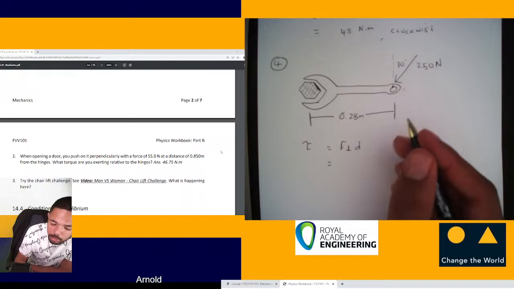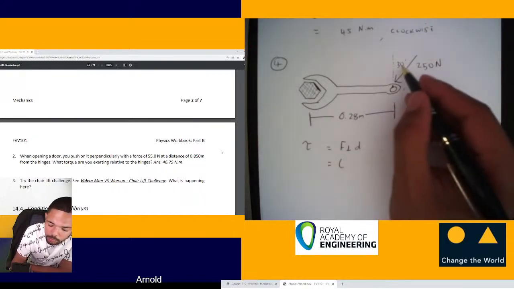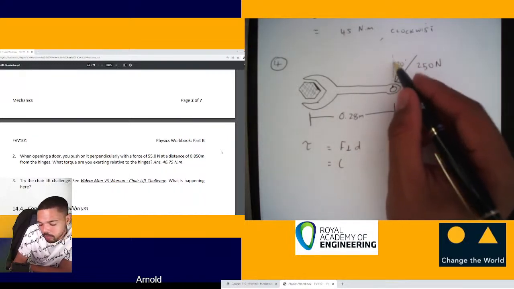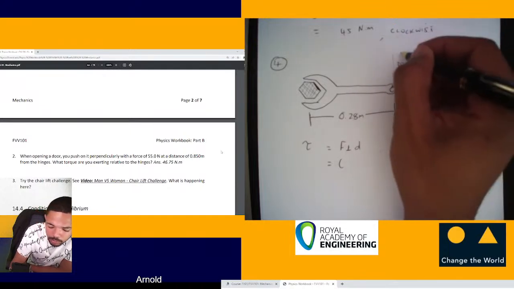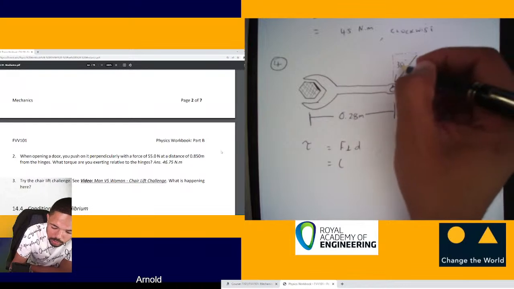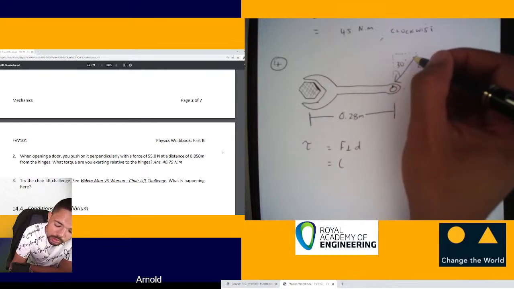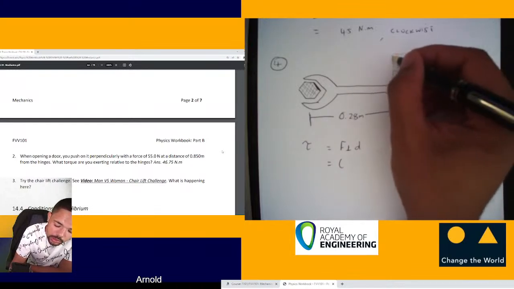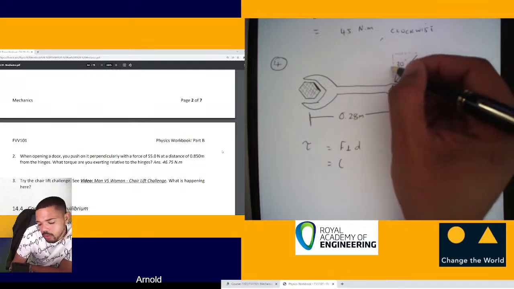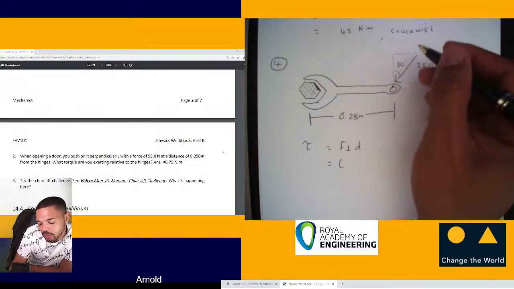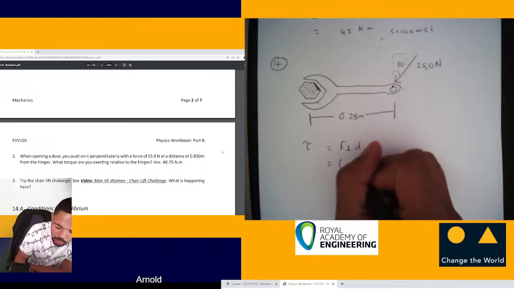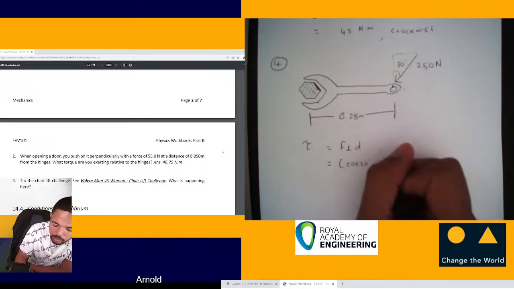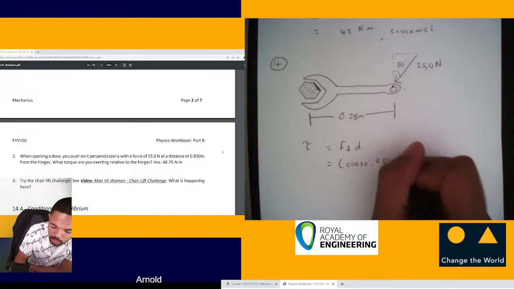The perpendicular component of the force in this case, if we calculate that, let's draw the triangle. This is going to be 30, that's going to be 60, that's 90. We want the side adjacent to the 30 degree angle, so it's going to be cos of 30 degrees multiplied by the force of 250 newtons.